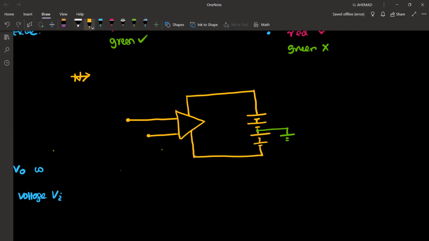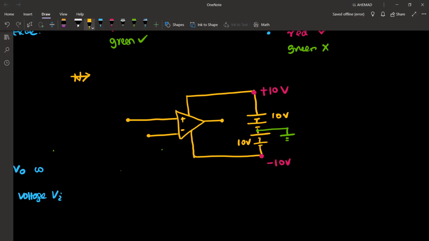Now, if these two together is 10 volt and these two together is 10 volt, this terminal will be at positive 10 and this terminal would be at negative 10. So that is how we provide plus VCC and minus VCC. Note it down.